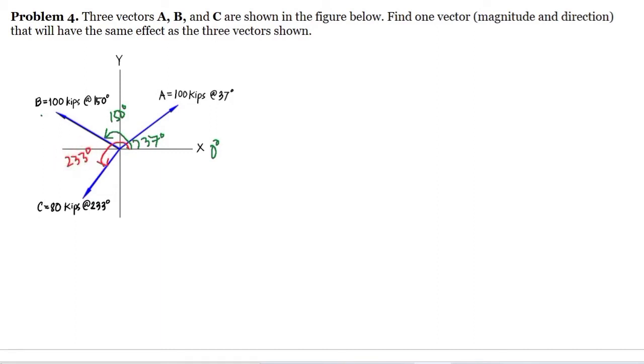Now, if we are going to make use of the standard angle, it is measured from 0 degrees counterclockwise. So it's counterclockwise measured from the positive x-axis or the 0 degree.